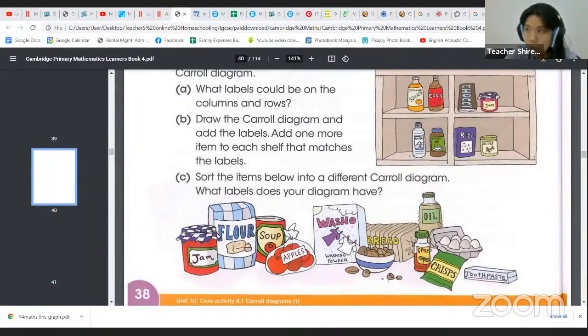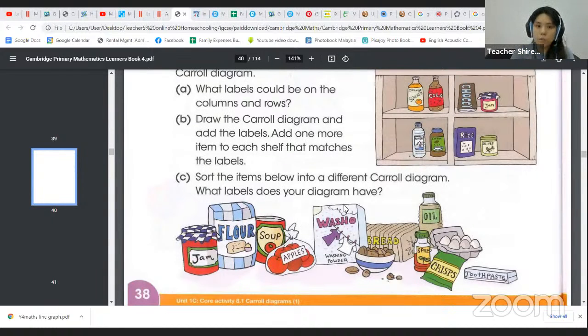washing powder, then after that you have bread, then you have spices, you have chips, you have toothpaste, you have egg, you have oil.